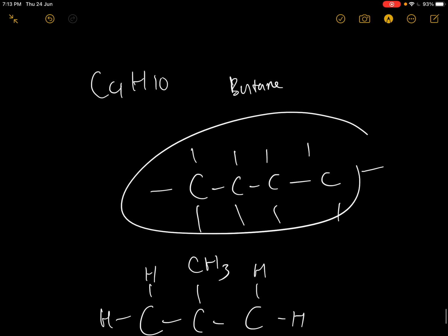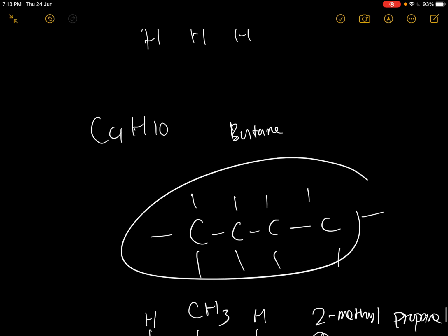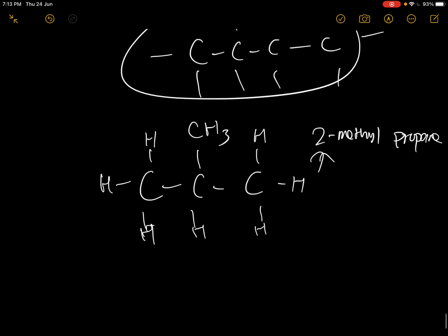So this is what we call butane, and this is 2-methyl propane. Now, you might be wondering, why is it 2 here? That's the part where we need to be a bit more careful.